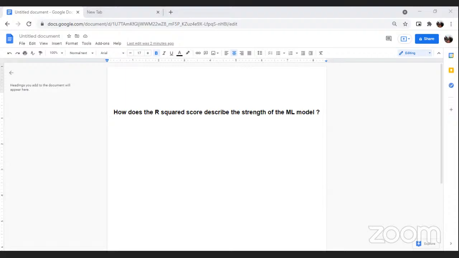Right. So basically, the R square score mainly tells us how perfectly a line fits a given set of data.